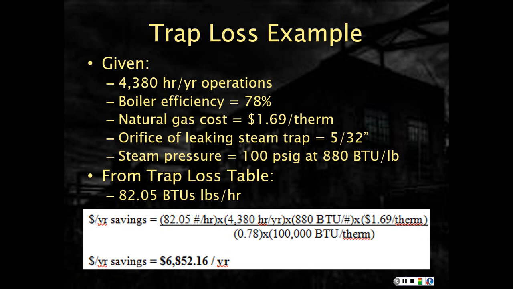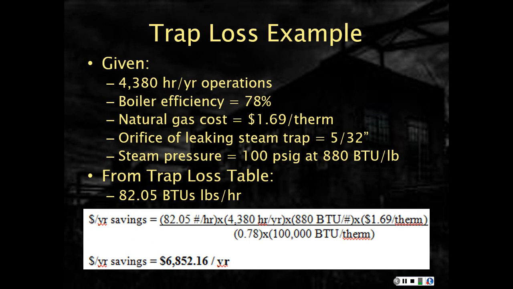In my other example, I still have the same 4,380 hours of operation per year. This time I'm making my own steam. I have a boiler efficiency of 78%. I'm purchasing natural gas at $1.69 a therm. Again, the orifice is 5/32.